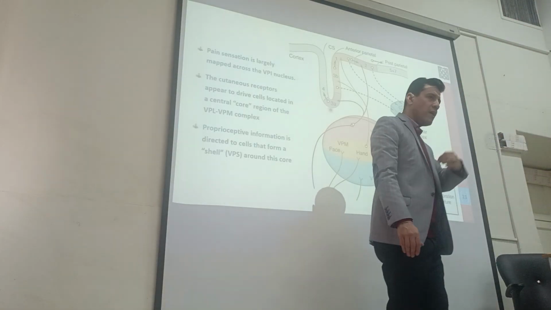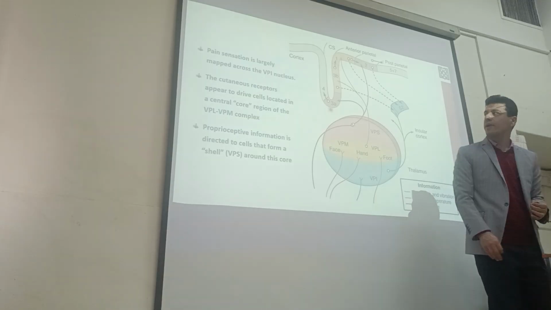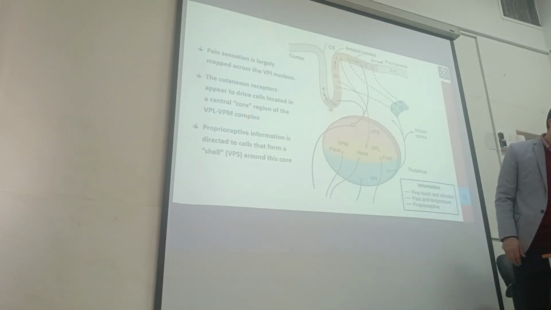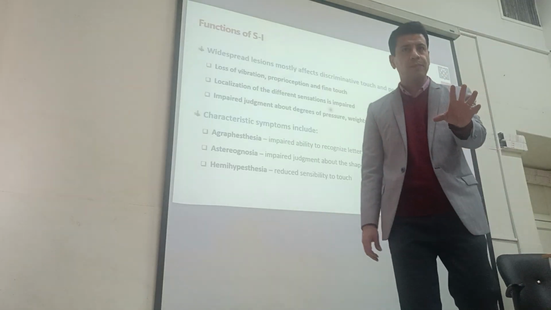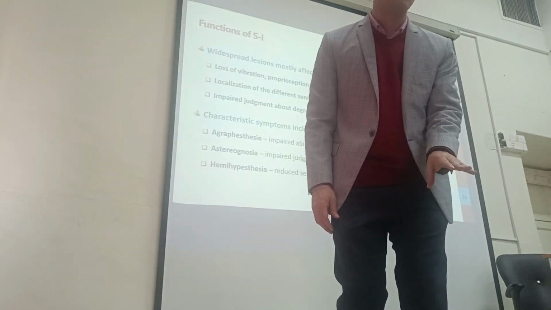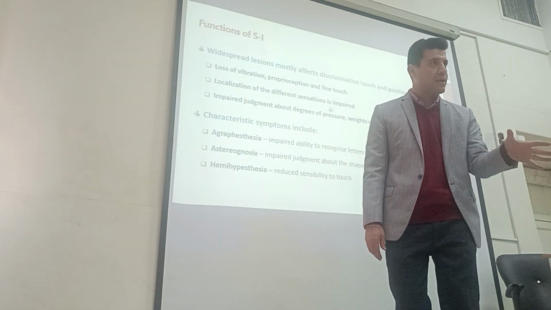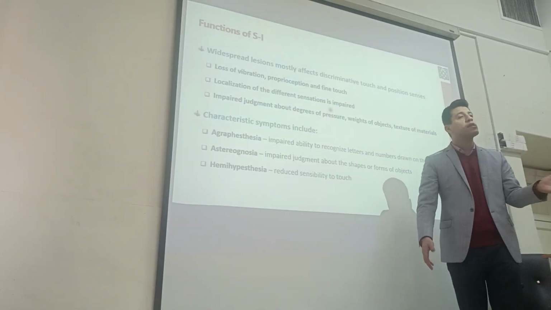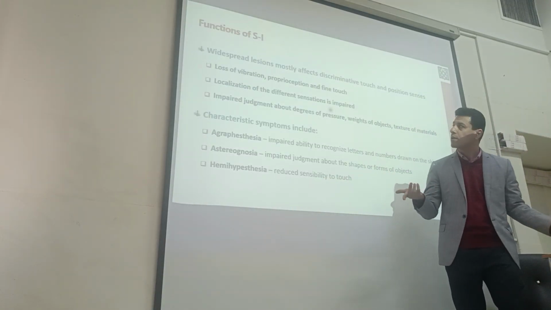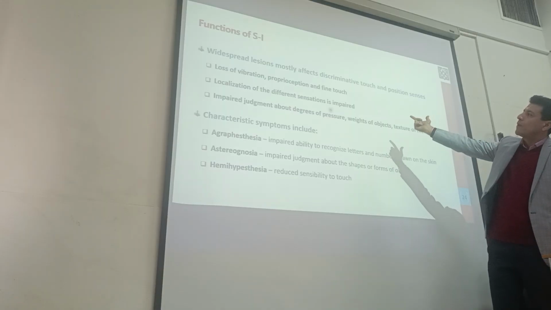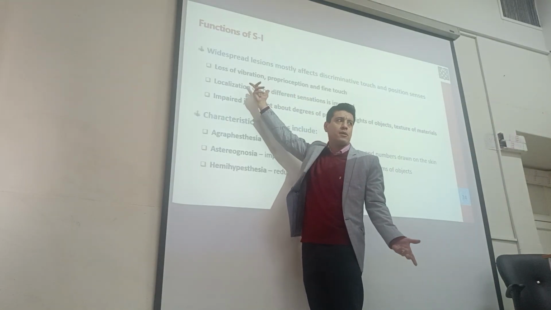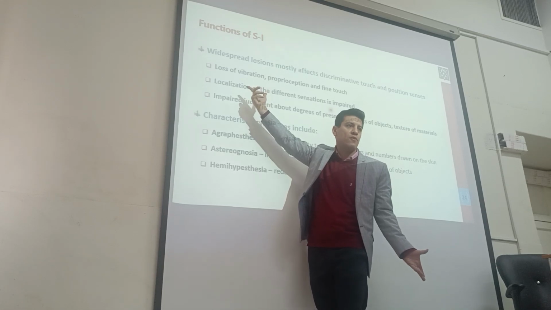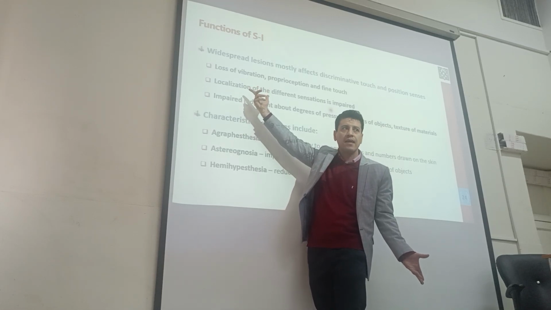Okay, now based on this, if there is any damage to the cortex, right? So if we remove somatosensory area 1, what happens? Basic processing doesn't happen, right? So what happens? Vibration is lost. We cannot understand vibration if there is any in the object.